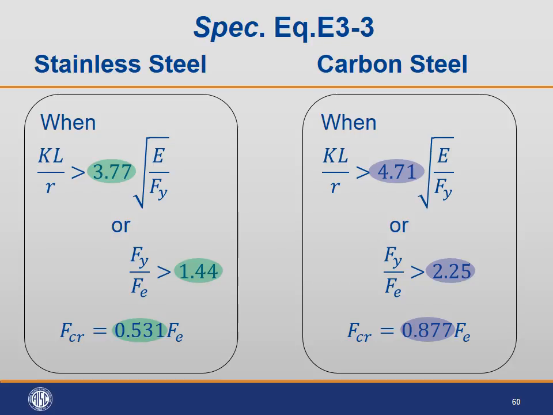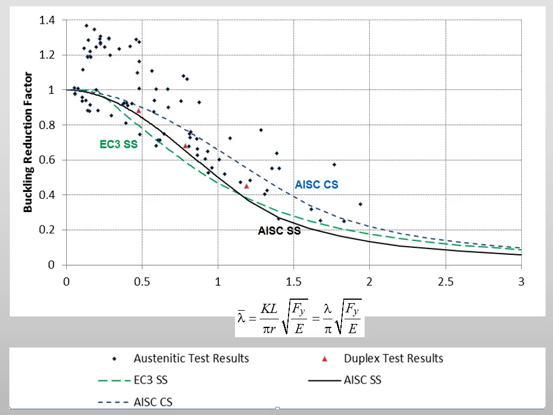Now let me show you what this actually looks like. This is the buckling curve. I've plotted the reduction factor against a slenderness that actually normalizes the strength and elastic modulus. And you can see in blue I have plotted the AISC carbon steel curve.